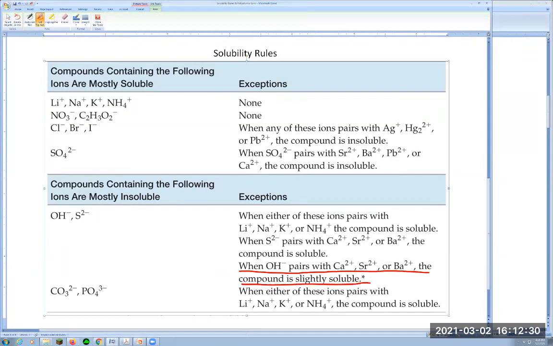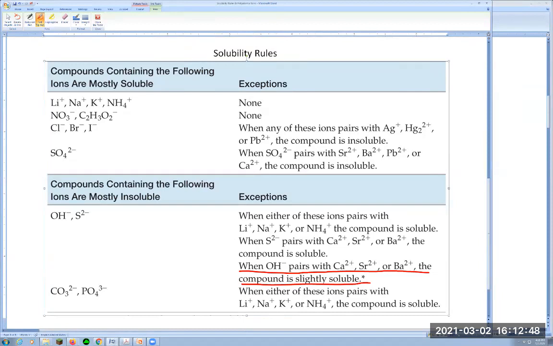So you will still indicate that it's an insoluble compound. So calcium hydroxide, strontium hydroxide, barium hydroxide, even though they are slightly soluble, you will classify them as solid.